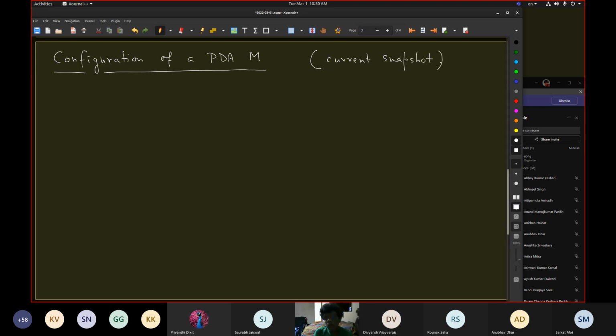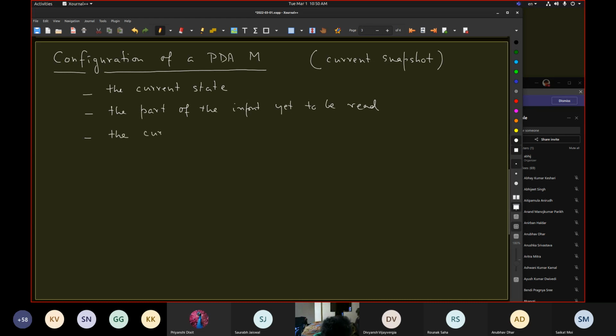Once again, how I have reached this point is not important, but what is going to happen in the future is dictated by three things: the current state, second, the part of the input yet to be read, the part that is read is fine, this is not part of the configuration, and the current content of the stack.